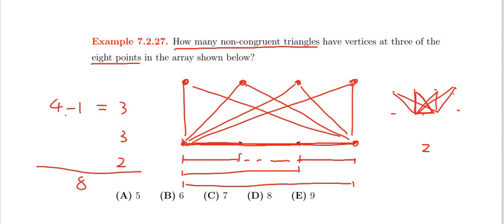I think this one was also counted. This one equals this one. So we don't need to check this. Okay. The answer is 8, I think. So we stop here.